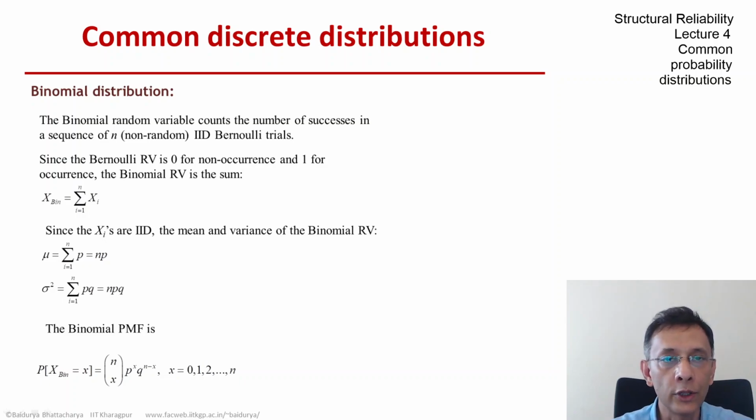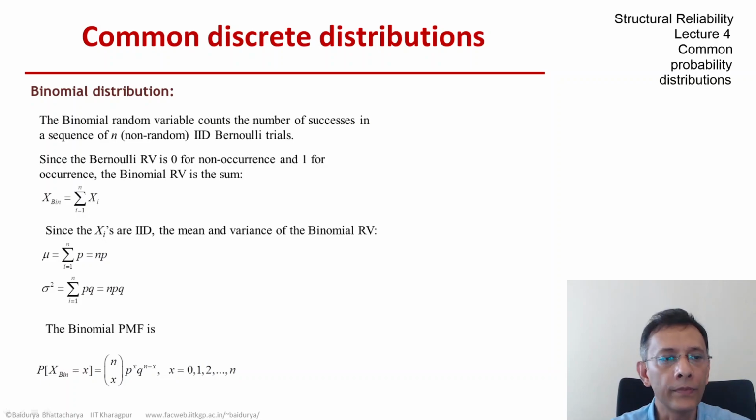But there is not just one way of choosing that particular number of successes. There are other sequences which could give the same number. So there are n choose x ways of getting that sequence. So my binomial PMF is what you see on the screen.